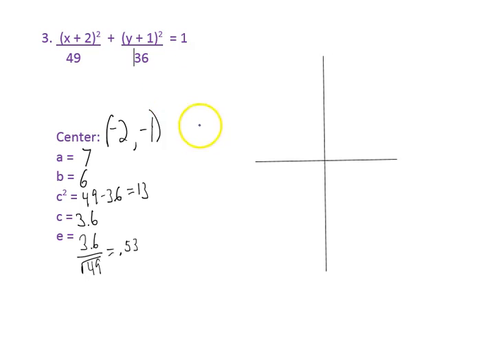Now, when we come over to sketch, I'm going to start with the center. So -2, -1, there's my center. Since A is 7, I'm going to be going left and right 7. So 1, 2, 3, 4, 5, 6, 7. Remember, it's from the center, so it's down at -1. And then the other way, down here.